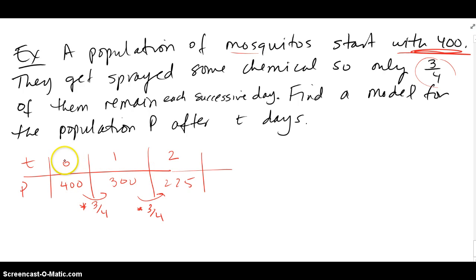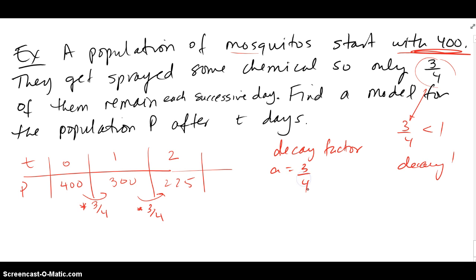I have 400 initially, then only 3/4 of them remain the next day, and only 3/4 of those remain the next day, which means my decay factor, remember, because this is less than 1, so I have a decay happening. My decay factor in this case is actually already given to me to be 3/4.